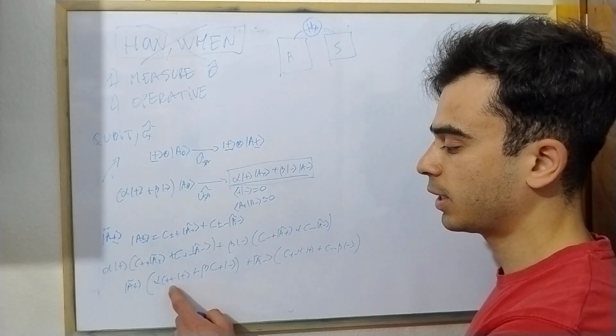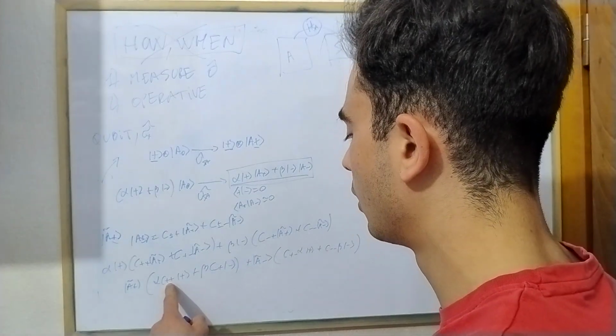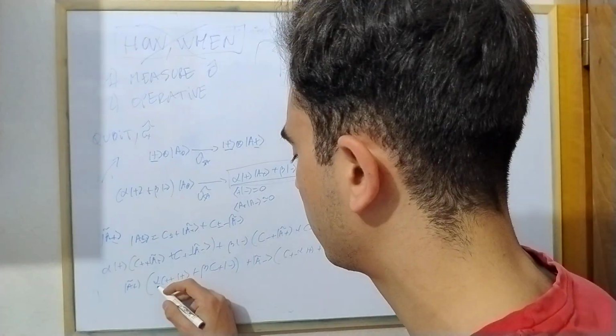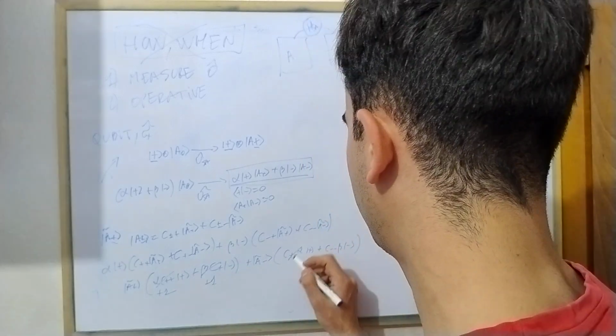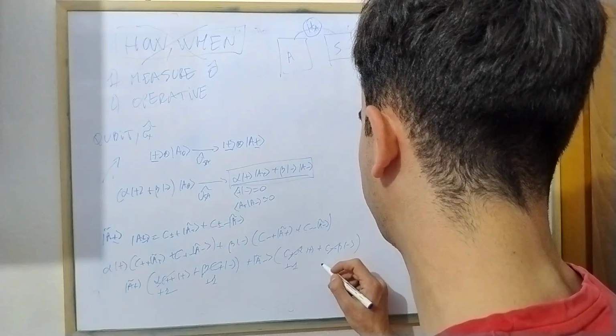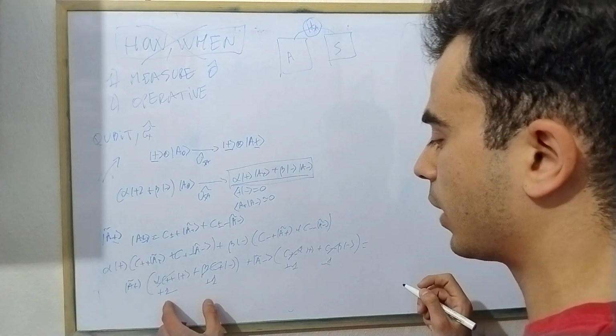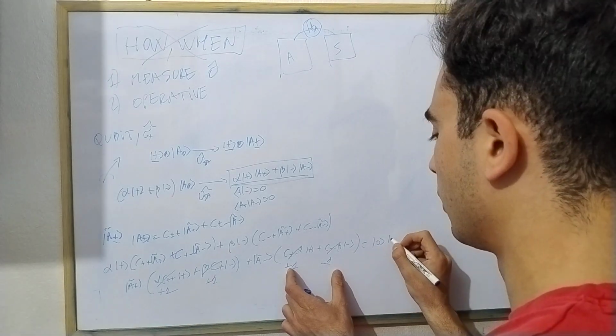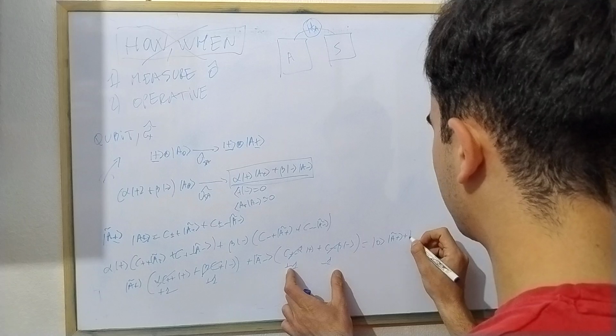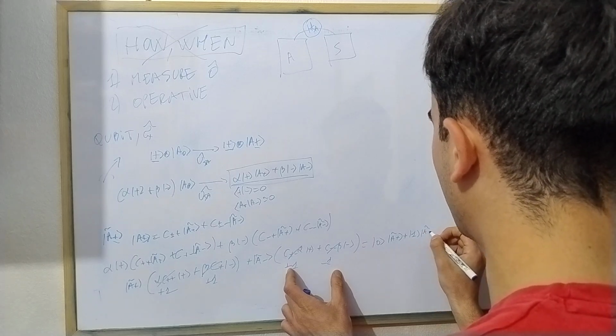And now if we make the particular choice of these coefficients C such that this product is plus 1, this is plus 1, this is plus 1, and this is minus 1, we recognize here the state 0, here the state 1, and so we get 0 A tilde plus, 1 A tilde minus.